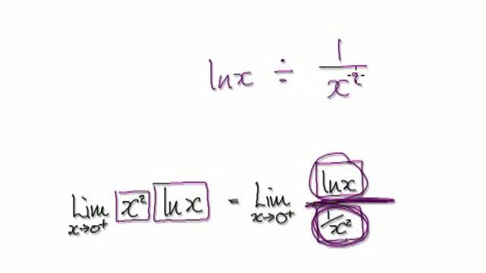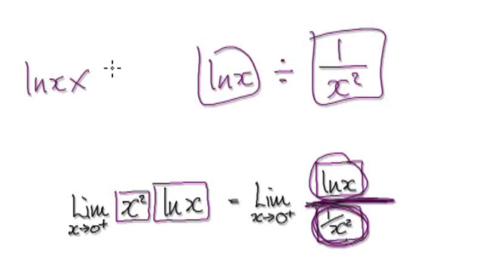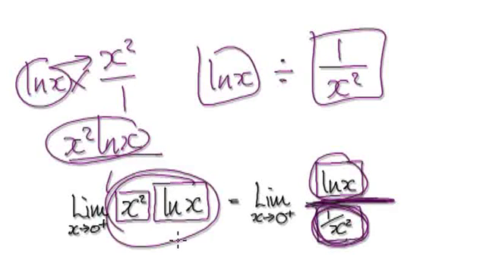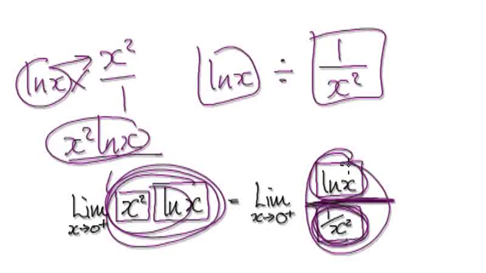When you divide by a fraction, you keep the first the same and multiply by the reciprocal, which will be x squared over 1, and this gets multiplied to the top, giving you x squared natural log of x over 1. Over 1 is just this thing here. So this is exactly the same as this.